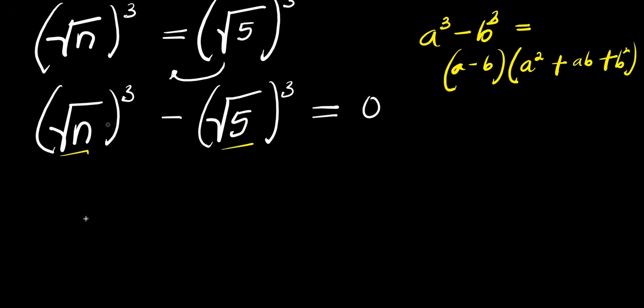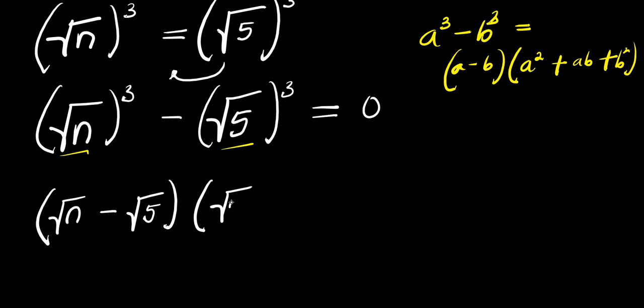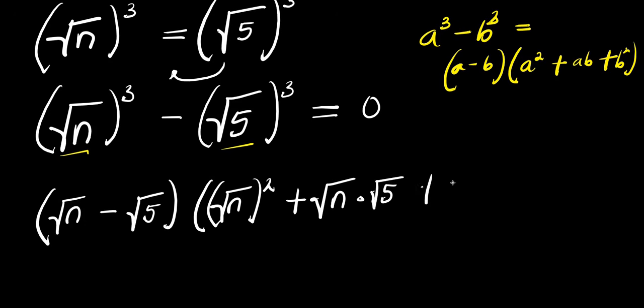So what I'm going to have will be square root of n minus square root of 5 times square root of n to the power of 2 plus square root of n times square root of 5 plus square root of 5 to the power of 2 equals 0.